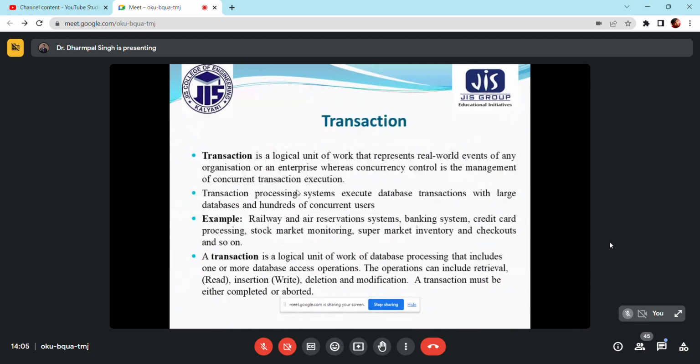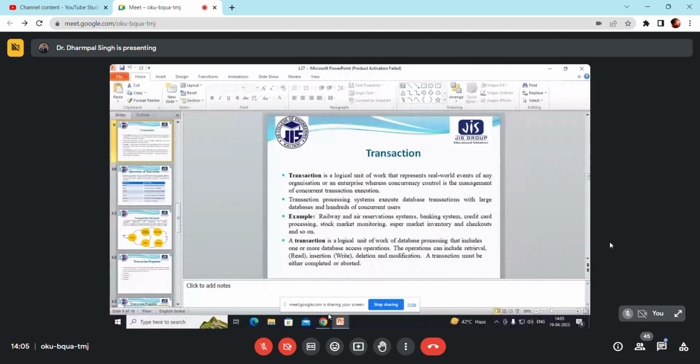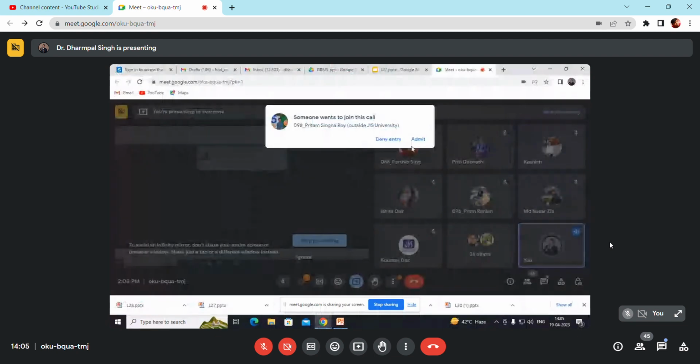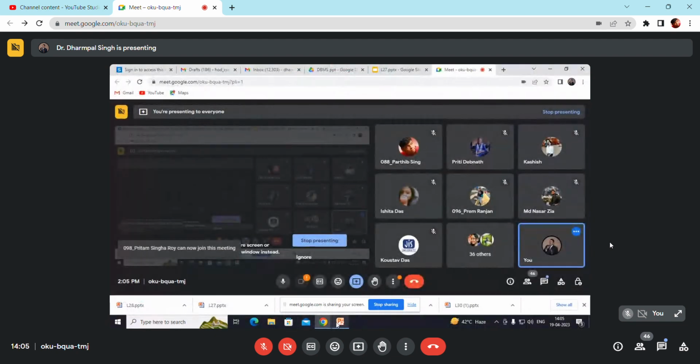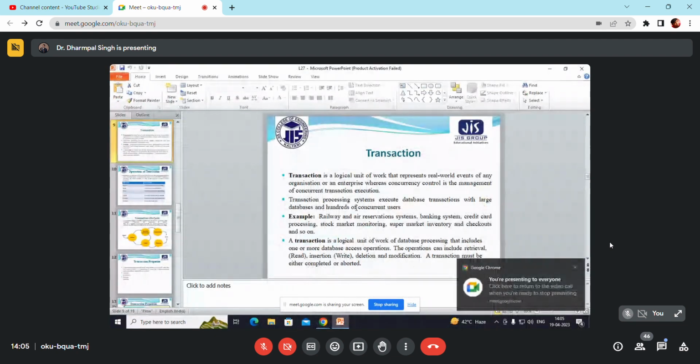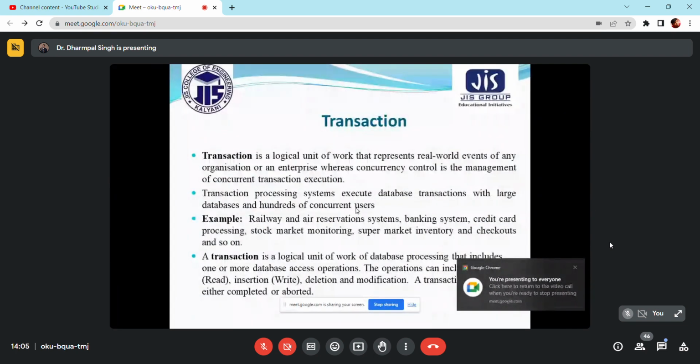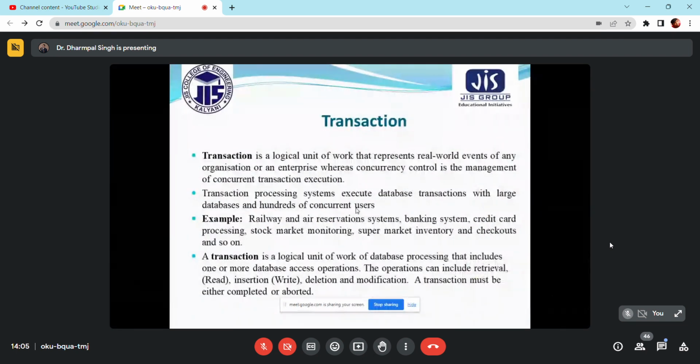If I click the button to transfer the money, automatically it will be transferred to your other account there. So how can we define the transaction in the form of DBMS? A transaction is the part of the logical unit of work, transferring the money from account A to account B.